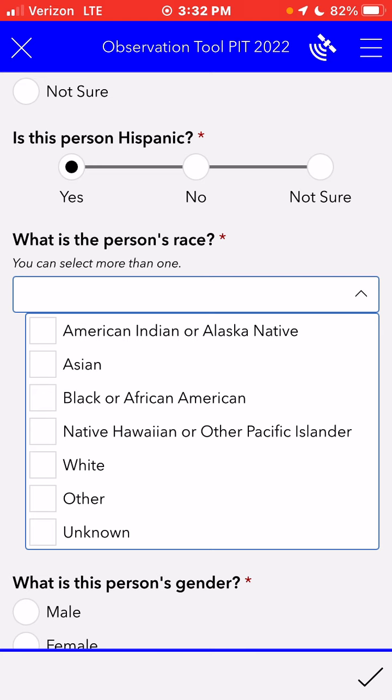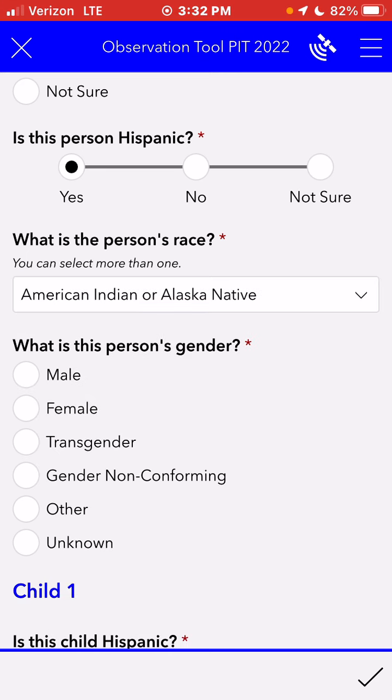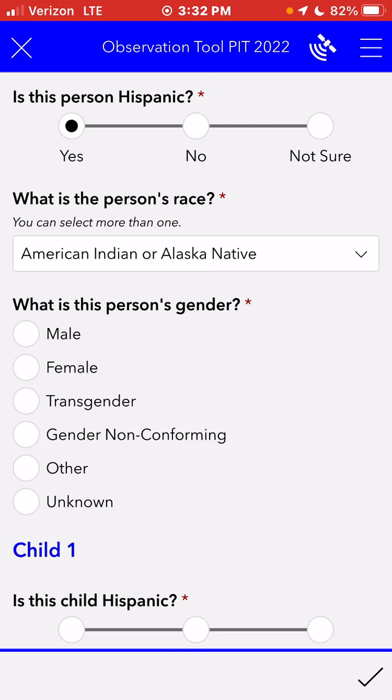However, there are smaller options than there were on the unsheltered survey. You can choose from American Indian or Alaska Native, Asian, Black or African American, Native Hawaiian or other Pacific Islander, white, other or unknown. What is this person's gender? Male, female, transgender, gender nonconforming, other or unknown.